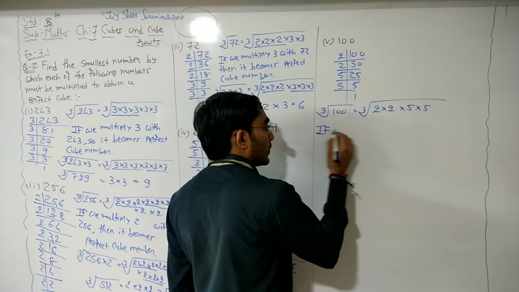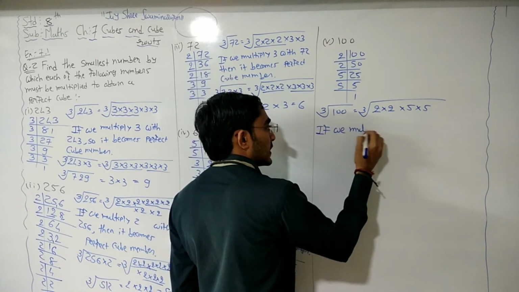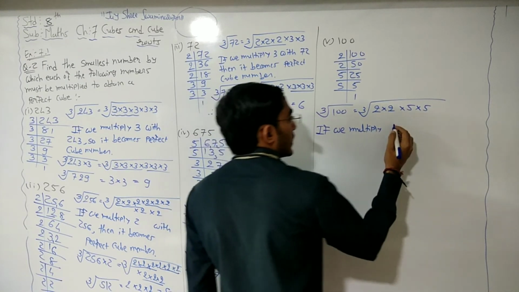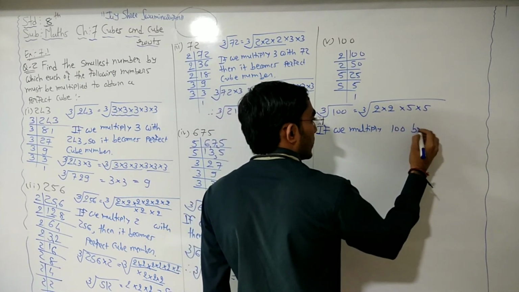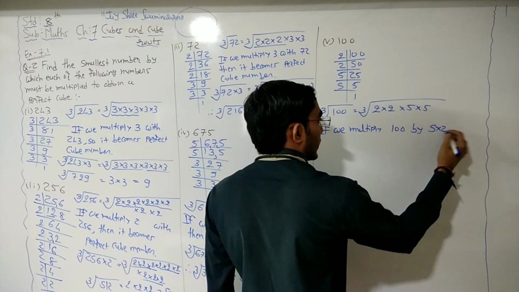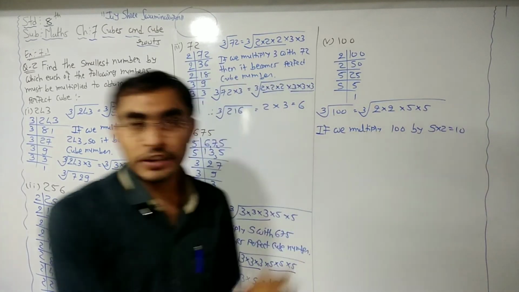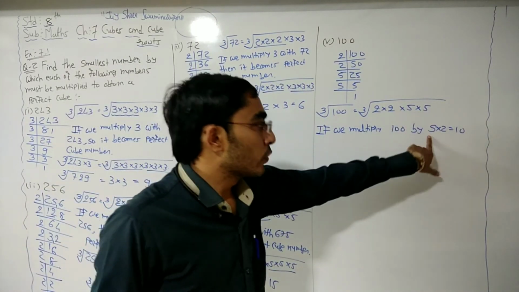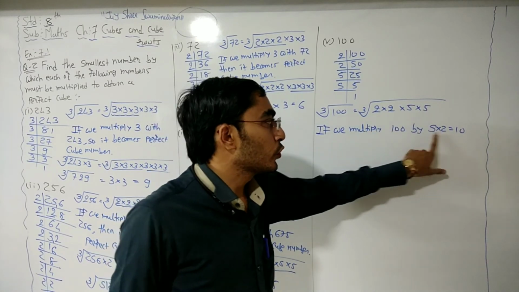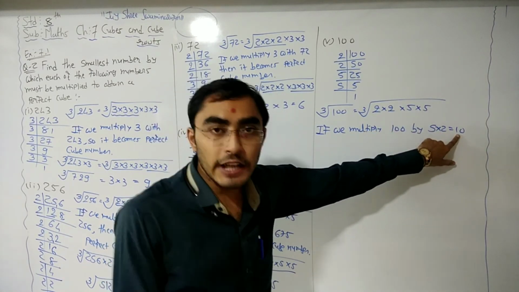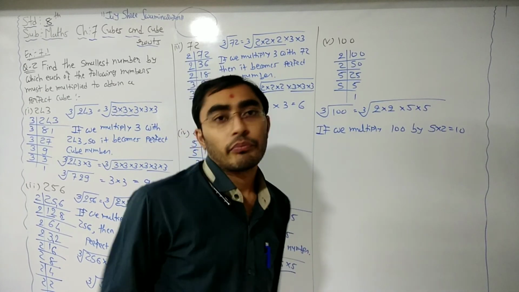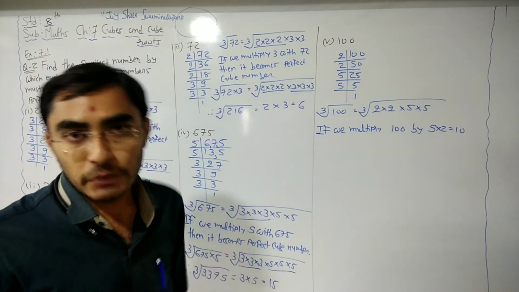Okay, so if we multiply 100 by 5 multiply 2, that means 10. Why 10? One time we want 5 and one time we want 2. So 5 2s are 10. We need to multiply 10 on both the sides. Okay, so it becomes a perfect cube number.